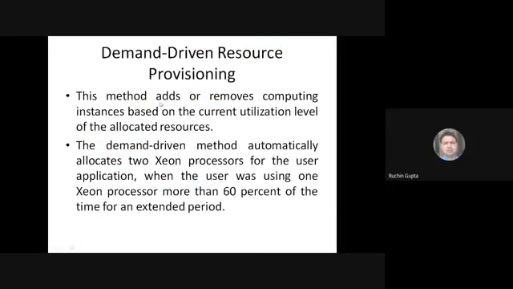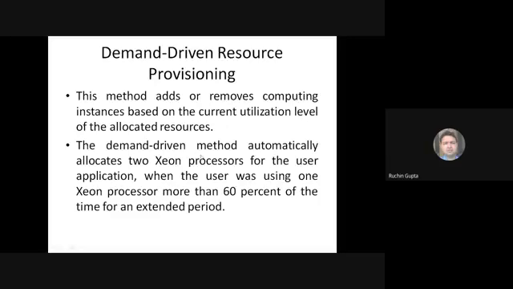This method is going to add or remove computing instances based on the current utilization level of the allocated resources. All the time it will see what the current utilization level of the allocated resources is. Based upon that, this method will decide how many resources are to be added and how many are to be removed from the cloud.